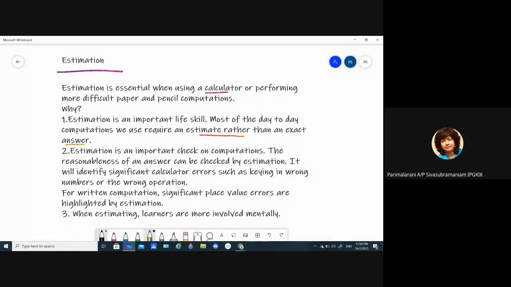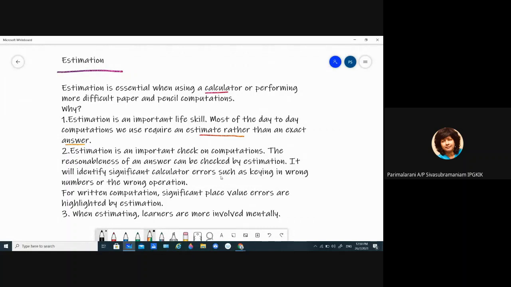When you go to the supermarket, don't you use estimation? Yes, because sometimes you carry maybe 100 ringgit and you buy things and you're not sure whether you have enough money when you reach the counter to pay. So you must estimate, isn't it? I think we all use estimation when we buy things in the market or supermarket. We want to know if we have enough money to pay. We always overestimate up so that we have more than enough, not less. So estimation is a very important life skill.